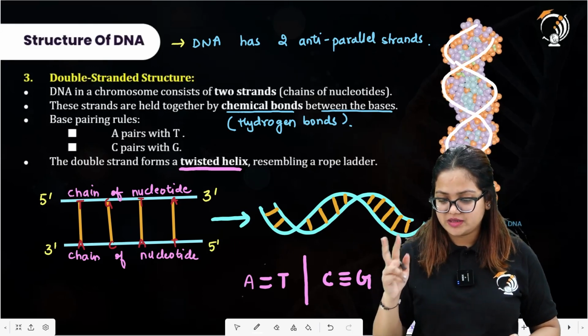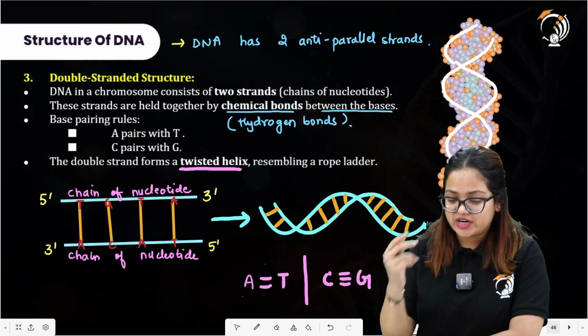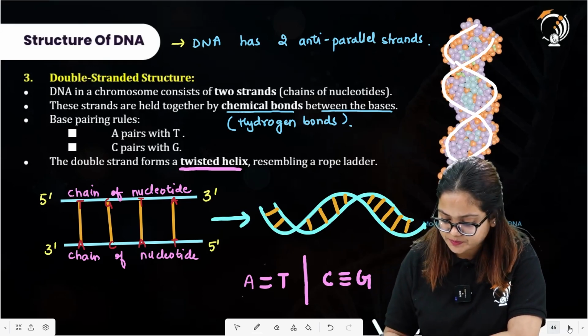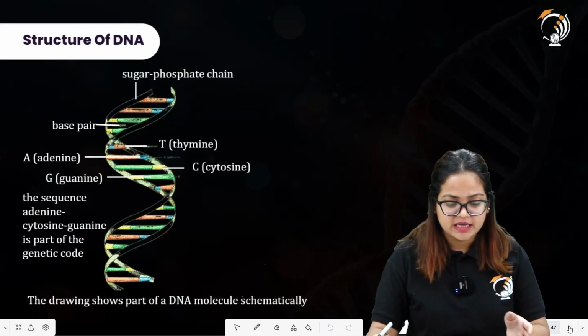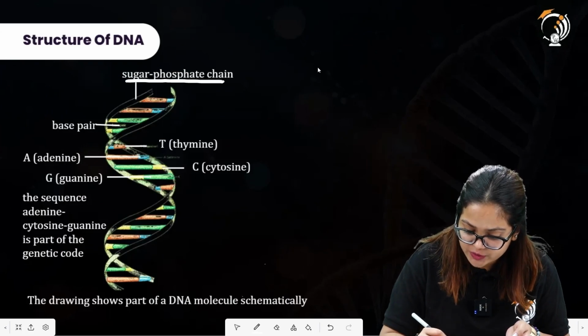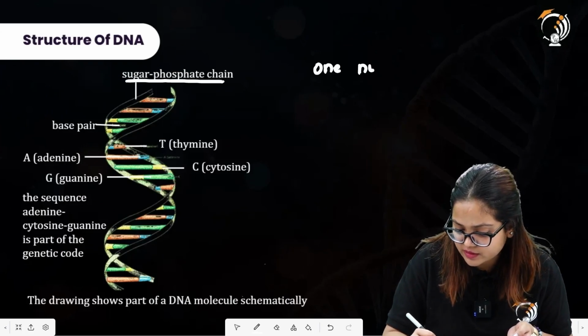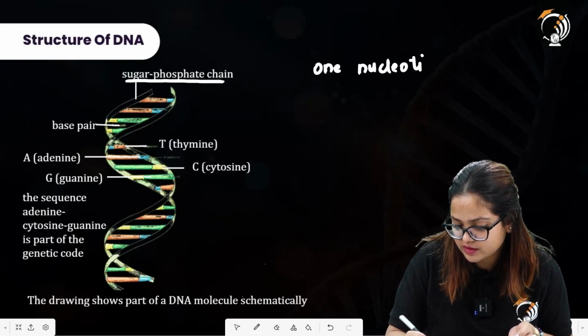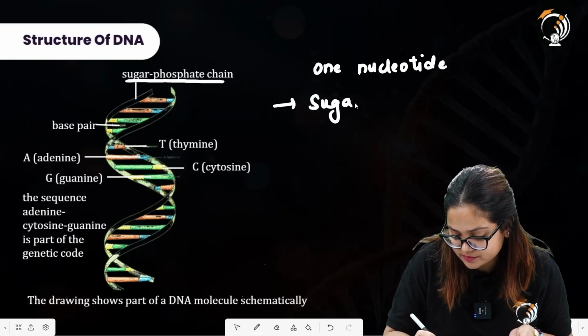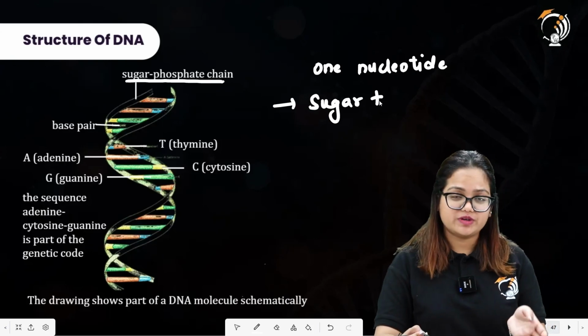All right, two strands forming a double helical structure. This is the phosphate sugar chain because one nucleotide had sugar. Which was that sugar when we talk about DNA?